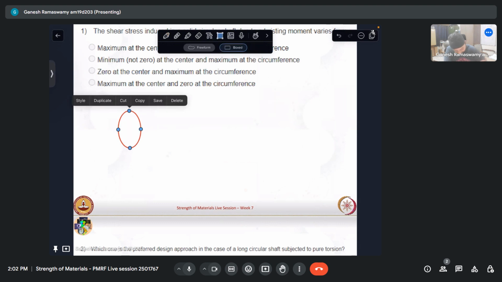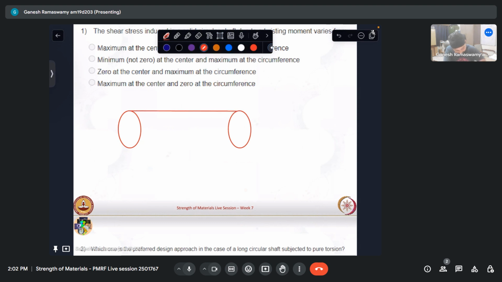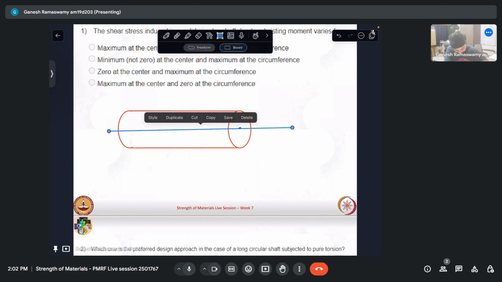So when we have a circular shaft, it is something like that. If this is subjected to a twisting moment, and this is the axis of the shaft, the twisting moment could be shown like that.